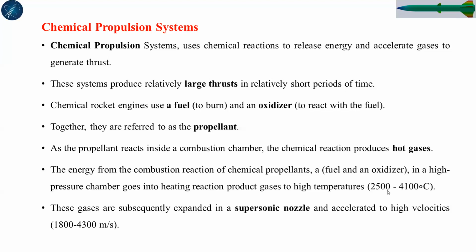This is a high temperature, at which some metallic substances can easily melt. These gases subsequently expand inside the supersonic nozzle and accelerate to high velocity. The velocity of the gas is expected to be 1800 to 4300 meters per second. That is high acceleration.